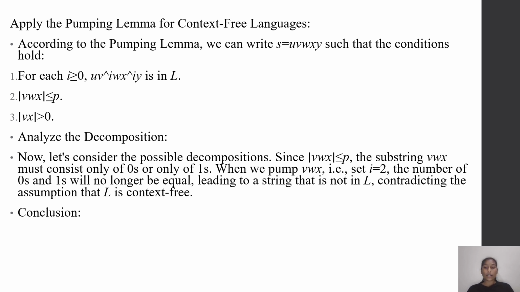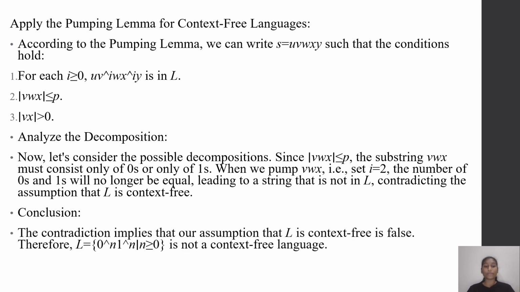So, by the method of contradiction, as it does not obey the conditions, we can say that our language L is not a context-free language.